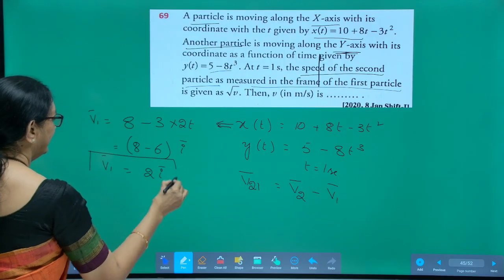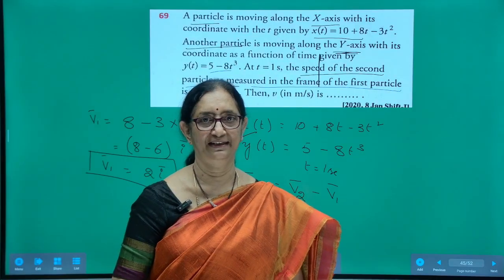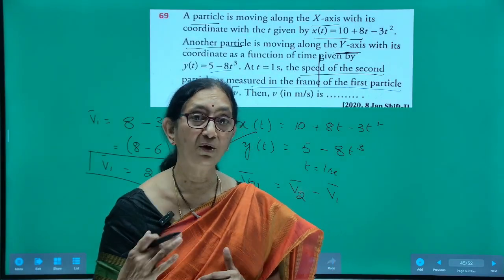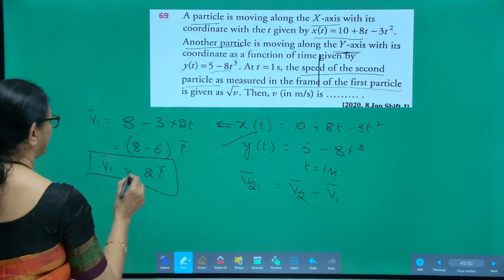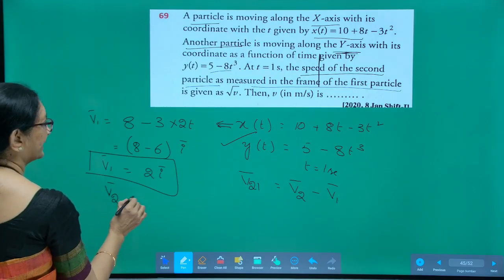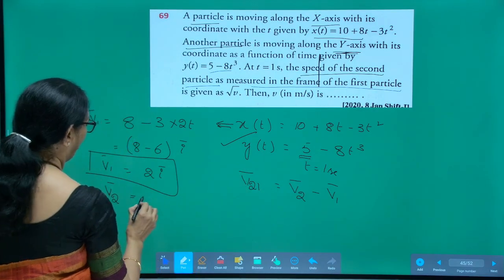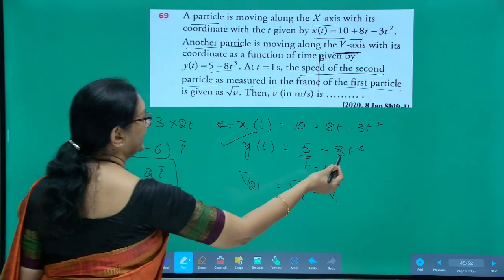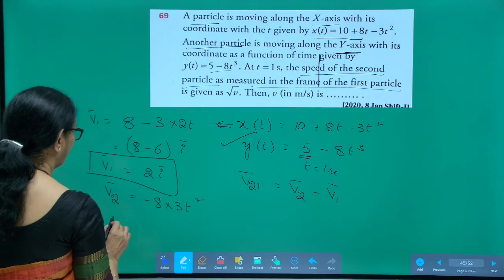Now you have to find out velocity of the second particle. It is moving along y axis. So again, by differentiating its position, dy by dt is velocity of the second particle, derivative of 5 is constant, minus 8, derivative of t cube is 3t square.